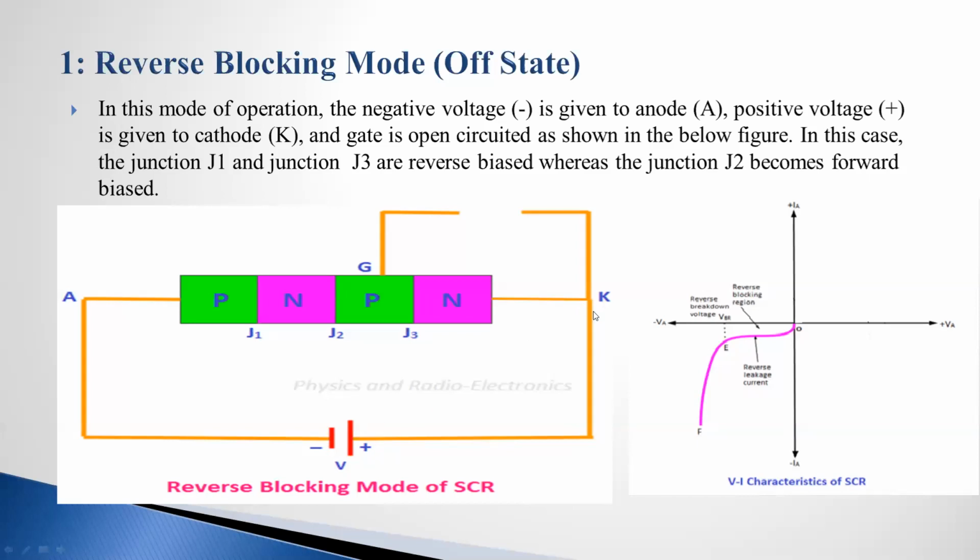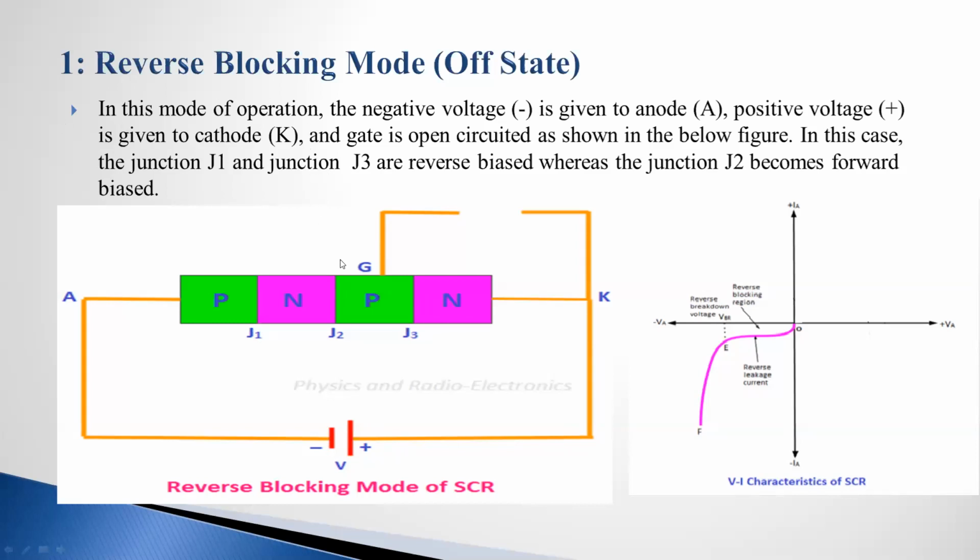The gate is not connected to any supply; no voltage is applied to the gate circuit. The gate simply acts as an open switch. There is no voltage applied to the gate in reverse blocking mode.